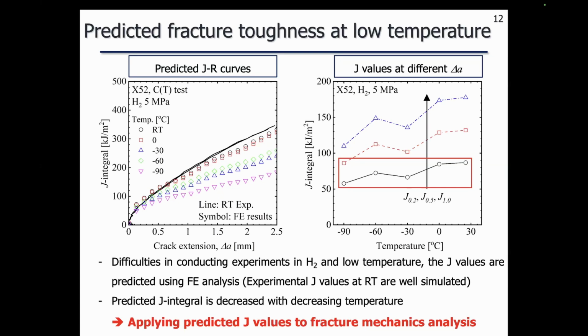It shows that the simulated JR curves agree well with the experimental results. And in the right figure, the J integral values decreased with decreasing temperature. This predicted J integral value was applied to the fracture mechanics analysis.